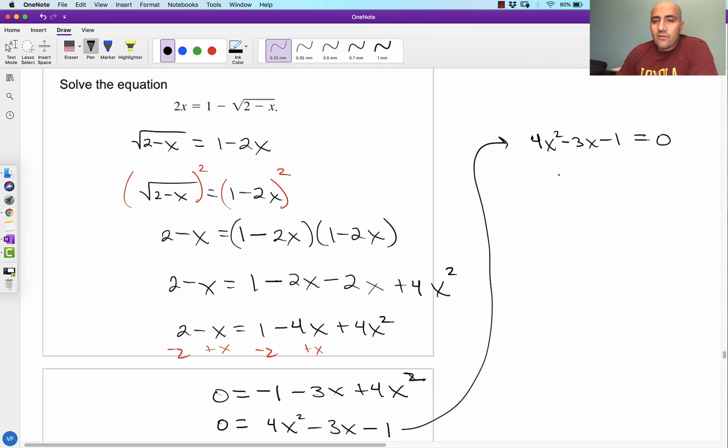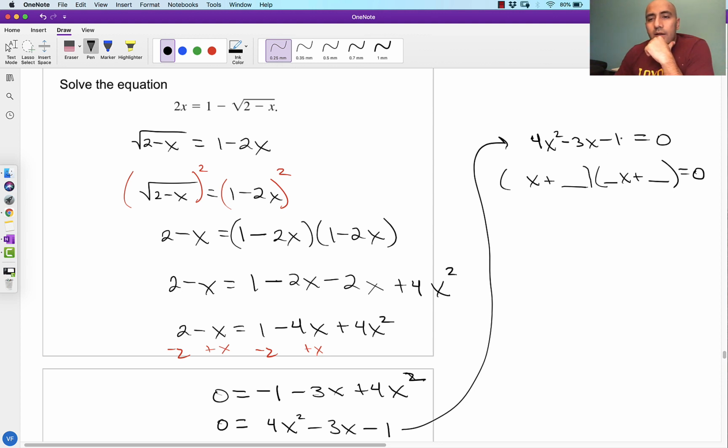So now let's factor that guy. I think because the numbers are so easy, we can just kind of use the guess and check method. It's going to be something that fits this form: blank x plus blank, times blank x plus blank, equals 0. So we can just kind of guess and check different things.